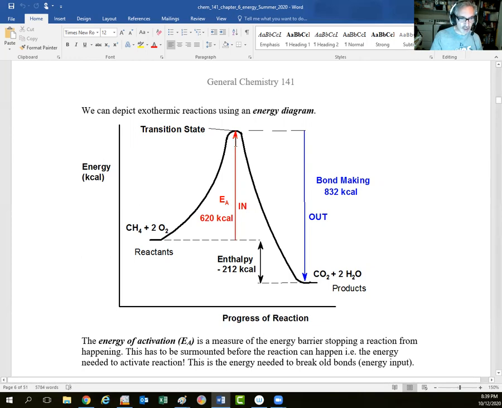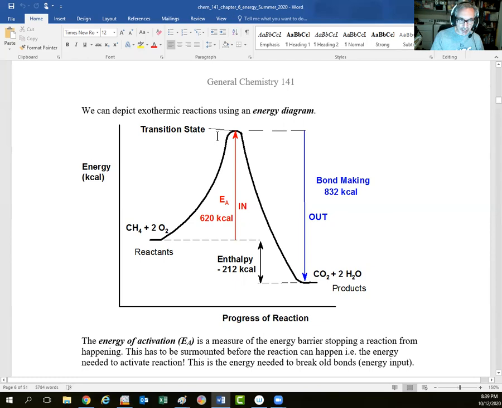So all the energy in, our bond breaking energy, and all the energy coming back out, our bond making energy. Because the reaction releases more energy than it takes in, of course it's that negative enthalpy value of 212,000 calories.